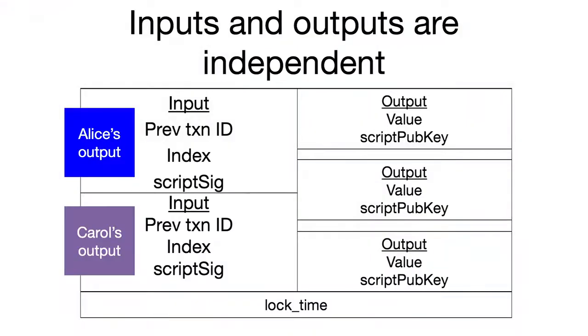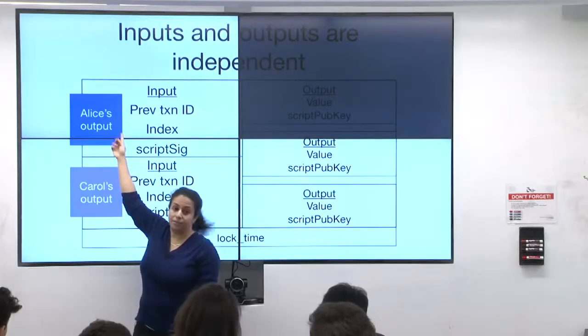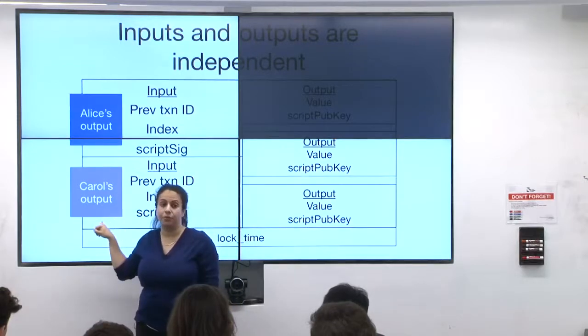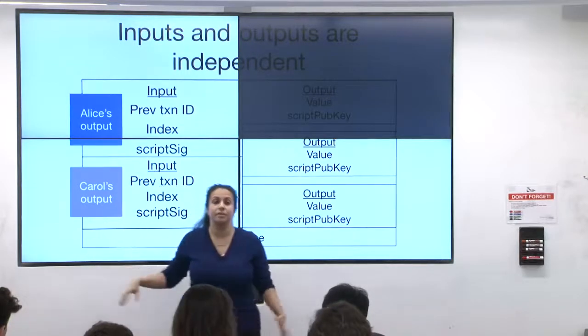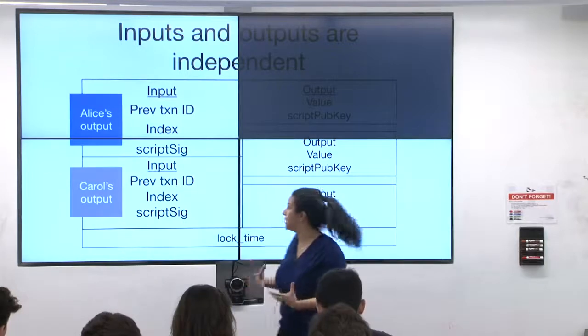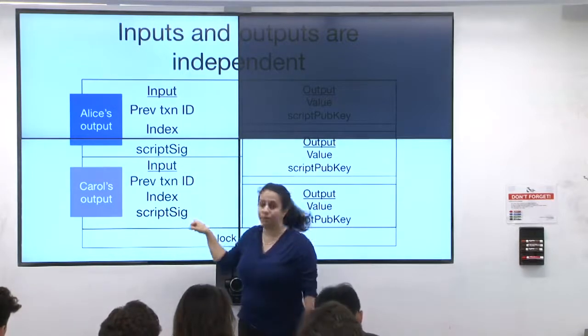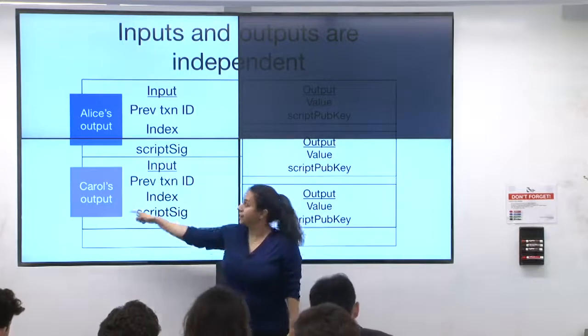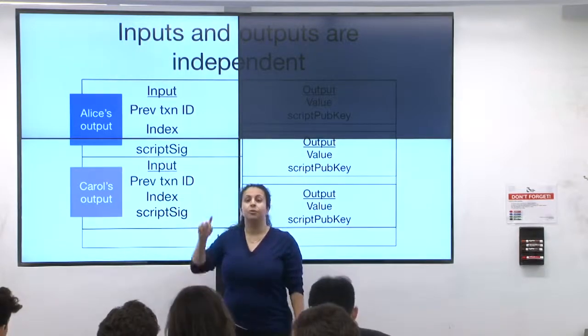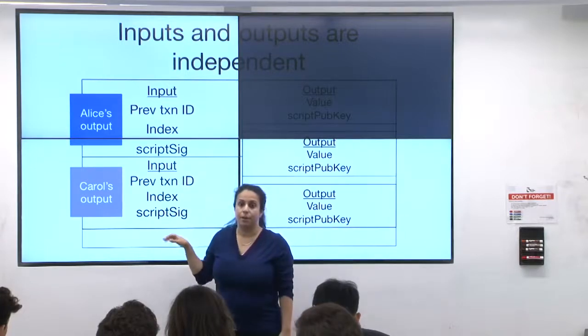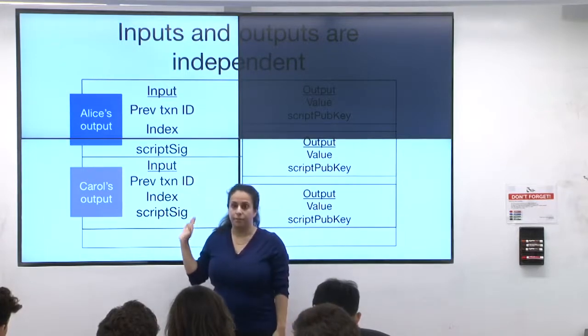Here, this input might point to a previous output that Alice knows how to spend, and this input might point to a previous output that Carol knows how to spend. And you can combine both of those into the same transaction, assuming you can produce a transaction with the right script SIGs. Alice and Carol might have to talk to each other in order to produce this transaction, because it's going to need both signatures, but they could do it.